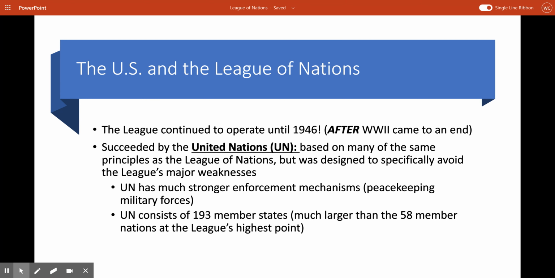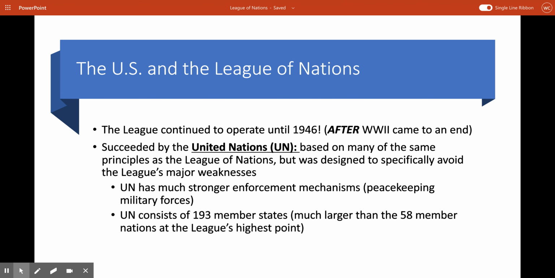So today, the United Nations has a much stronger enforcement mechanism, including its own peacekeeping military forces. Like there are such things as UN troops, right? Also, the sanctions that the UN can pass are a lot stronger. And the reason for that is that the membership of the United Nations is substantially larger than that of the League of Nations, even at its peak.